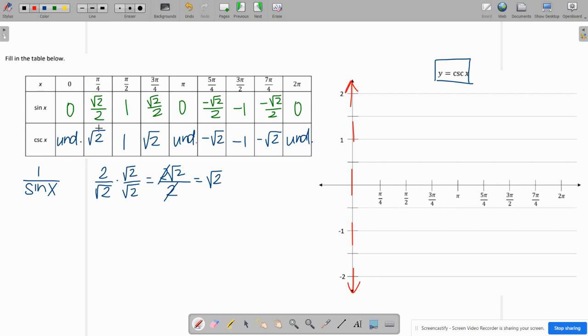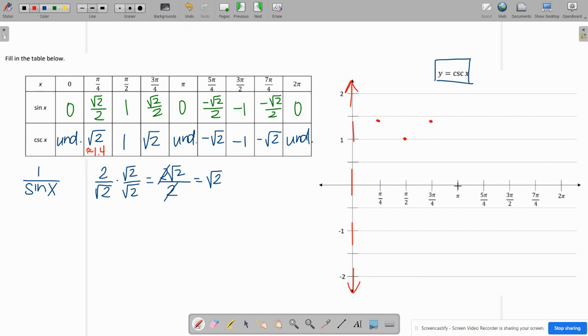The cosecant of pi over 4 is the square root of 2. This is about 1.4, just so we can figure out about where that point should be. So pi over 4 should be up here, around there. The cosecant of pi over 2 is 1. The cosecant of 3 pi over 4 is the square root of 2, so again, that's about 1.4.